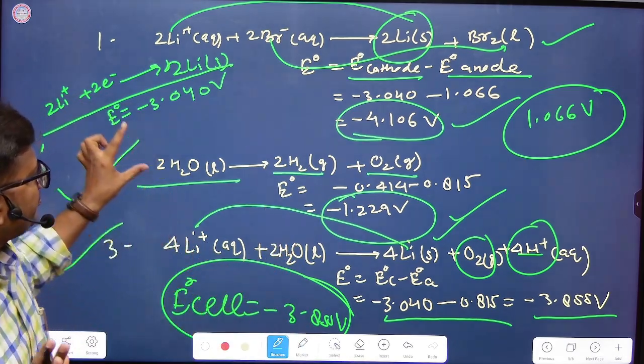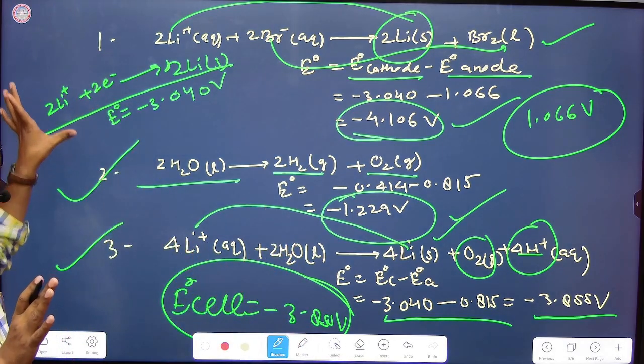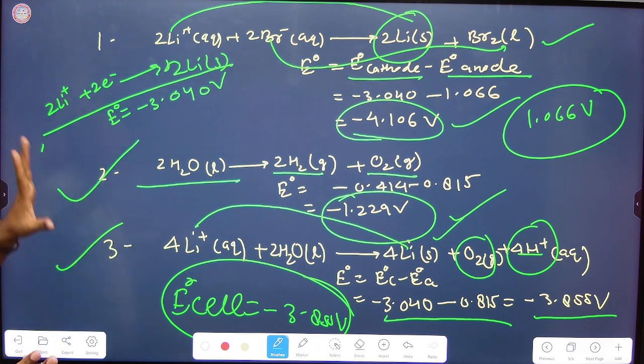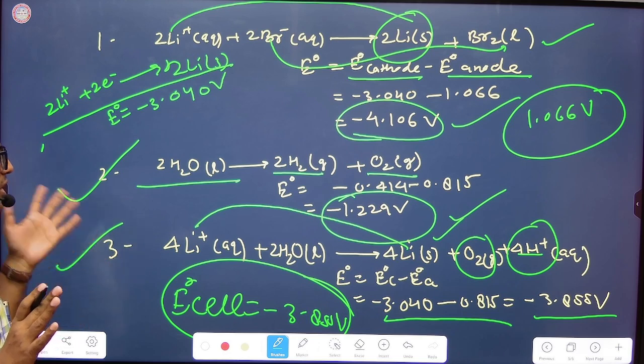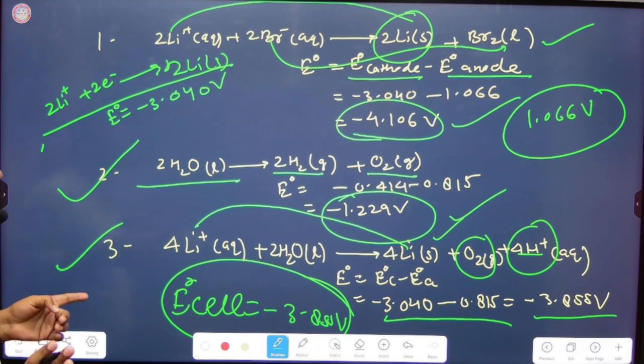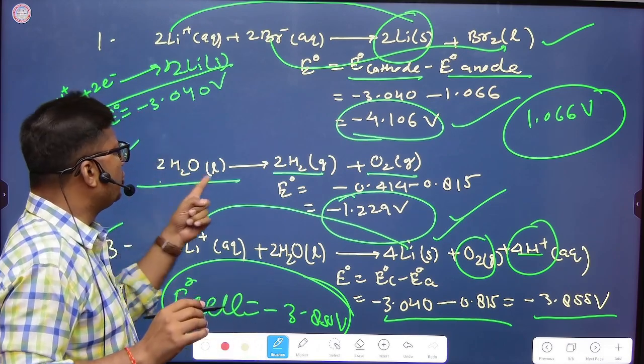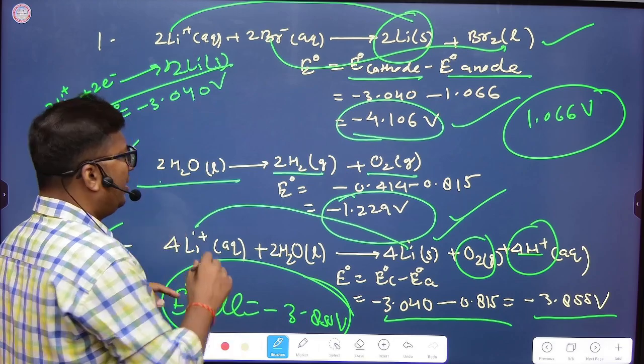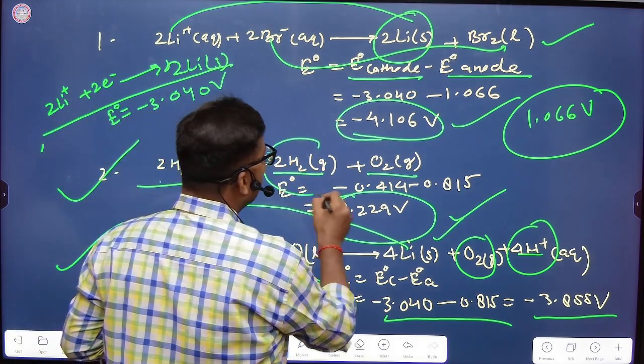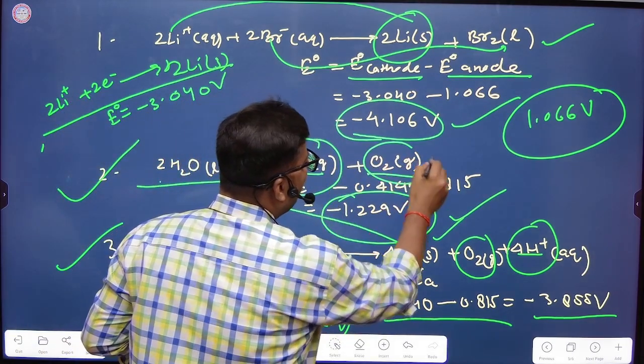So for these four possibilities, one of them is very crucial, that is 2H2O liquid getting converted into hydrogen gas and oxygen gas.